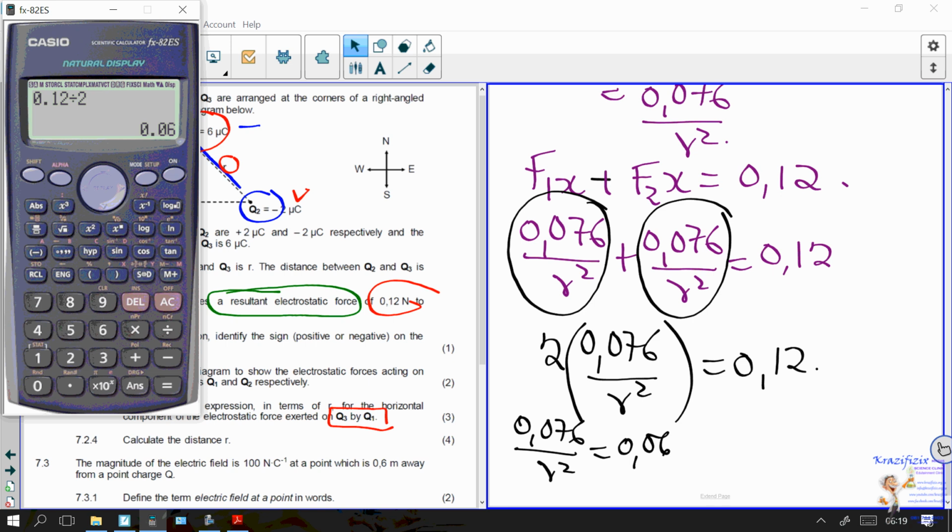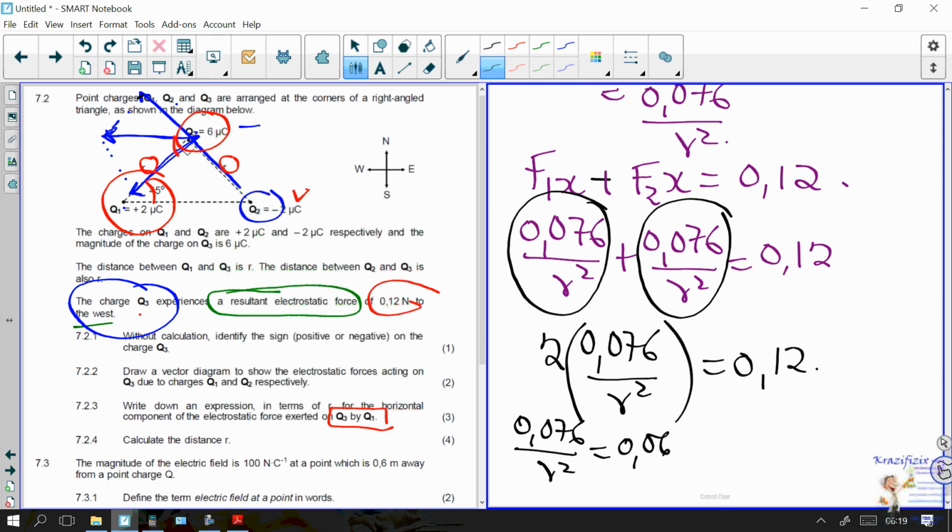Now what do we do here? We can easily cross multiply, and if you know your maths, it's quite easy. But let's work through it with everyone. So permit me to manage the small space. 0,06 R squared equals 0,076.